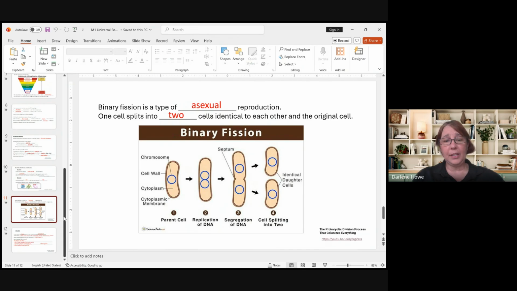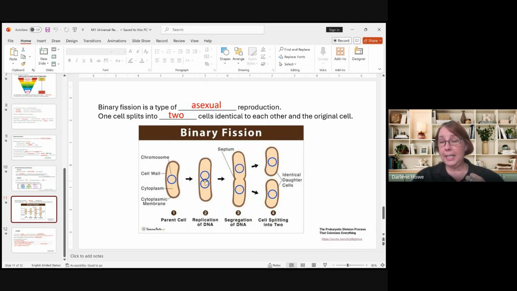And binary fission, you start with, we call it a parent cell. Okay, so the first cell, we call it the parent cell to keep things straight. We can keep it organized. First thing that happens in binary fission is you've got the replication of DNA.